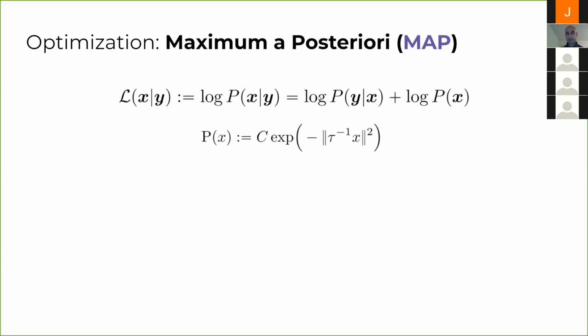This is sometimes called the data fidelity term, because this term brings in the data and compares that to the model, whereas this term only handles the model, and it doesn't really care about the data.